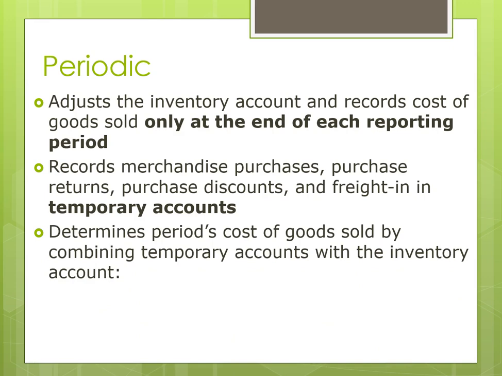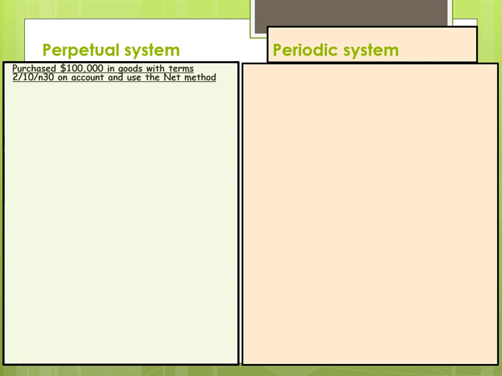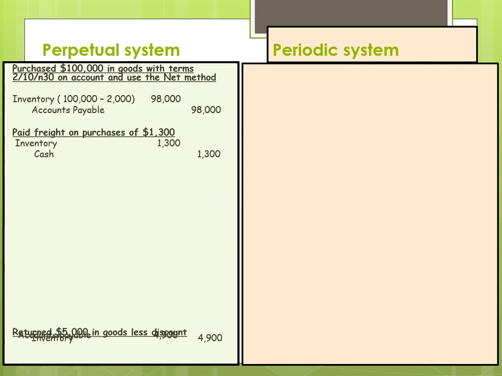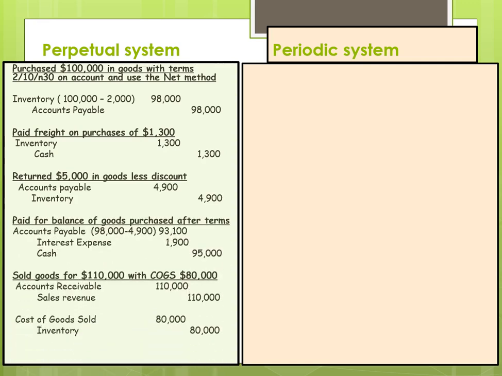You cannot determine cost of goods sold until you do a physical inventory, and cost of goods sold is going to be an adjustment of the temporary accounts, and I'll show you how that's done. Now again, this is what we've already done under the perpetual. And again, since we're doing perpetual, we can book cost of goods sold at the point of sale.